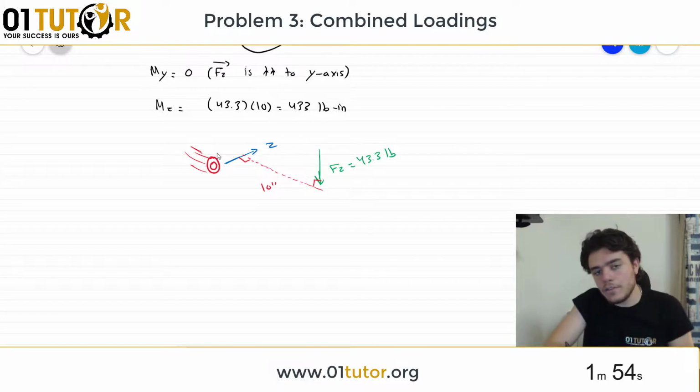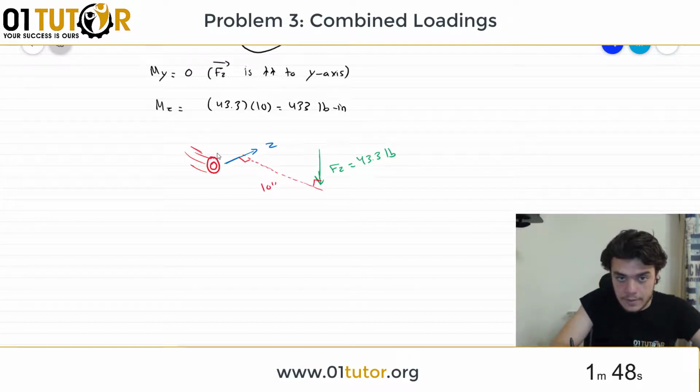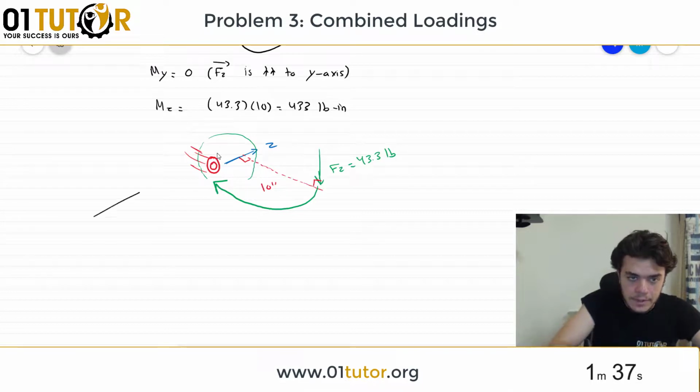And to know where the compression zone is and where the tension zone is due to Mz, we follow the rotation of F2 about the z-axis. So it's going to rotate that way. You're going to enter from the bottom, and then you're going to have this rotation about the z, right? As if you're having this z, and the rotation of F2 is like this.